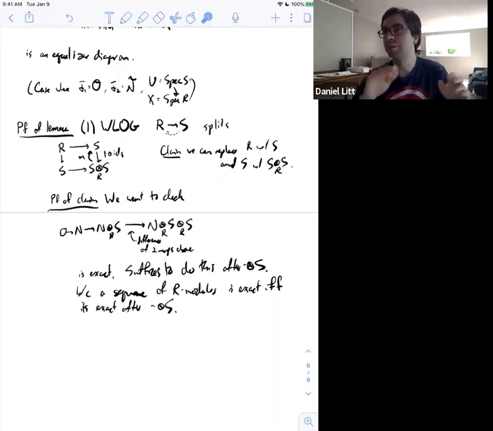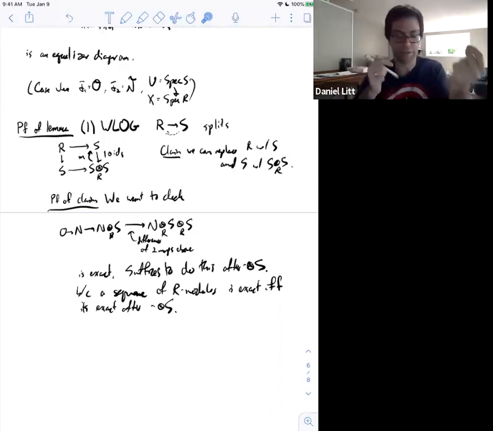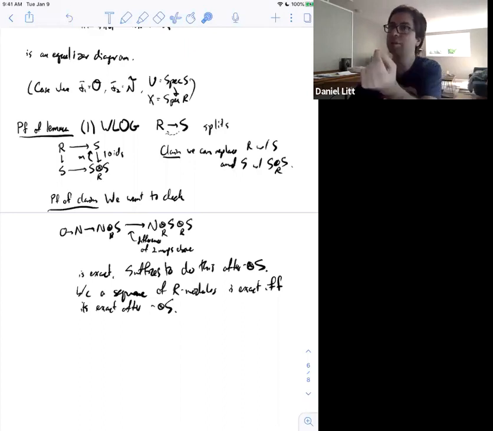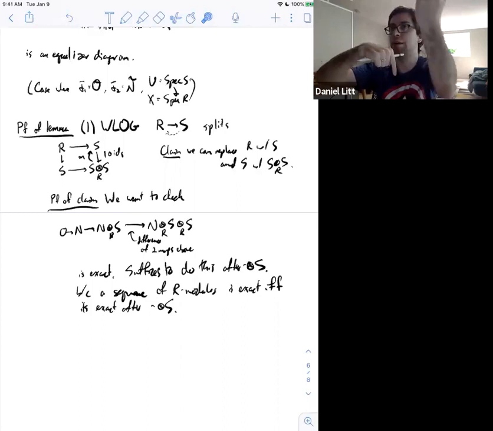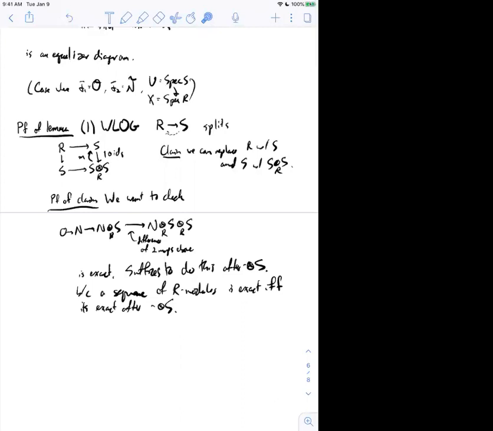That's a definition I prefer, maybe because it's something you can actually check. So the proof is just that you can check exactness on stalks, and when you tensor with something, the stalks are the same. So you need to check that for each point on spec R, the map on stalks is exact. But that's true because we have a surjective map, and you can check upstairs on stalks. Is that clear? Yes. Okay, great.